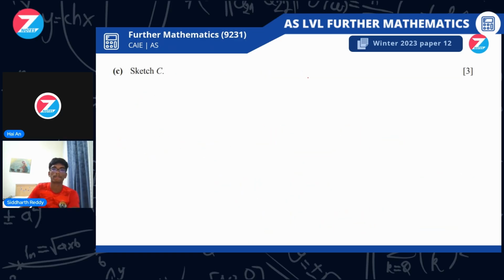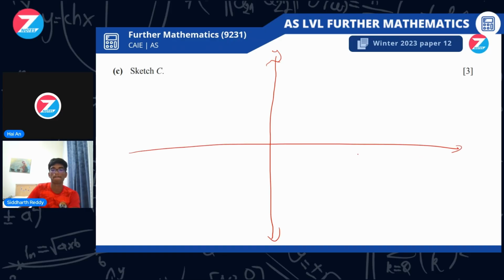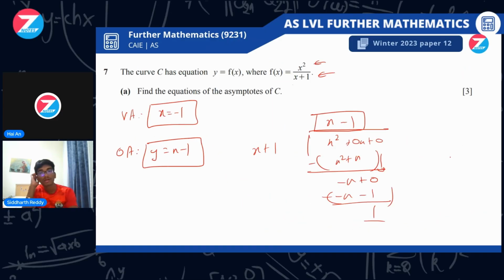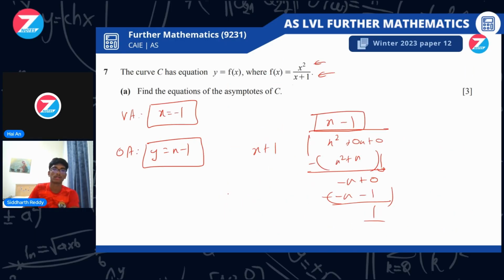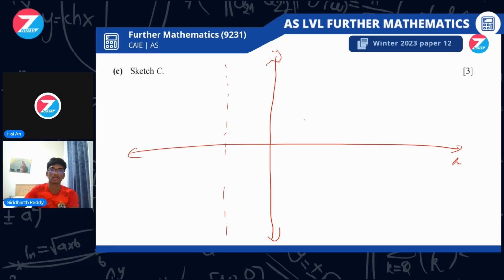So let's sketch C. So we got the xy axes like this. This is the y-axis, and this is the x-axis. So we got one vertical asymptote at x is equal to minus 1 here, and another one at y is equal to x minus 1.